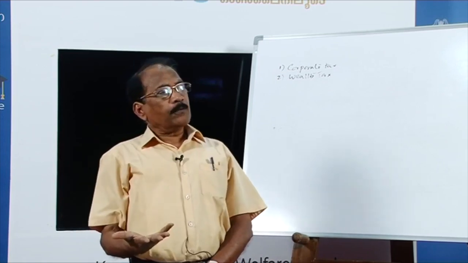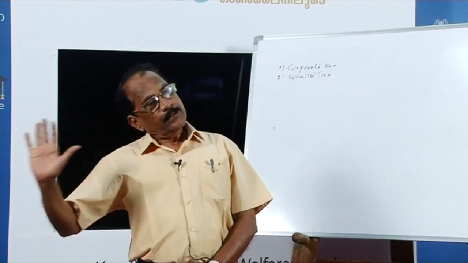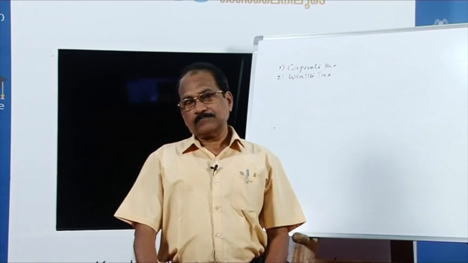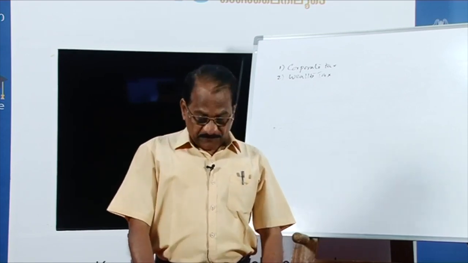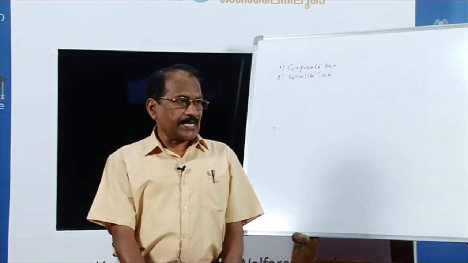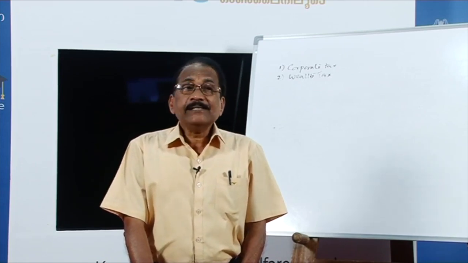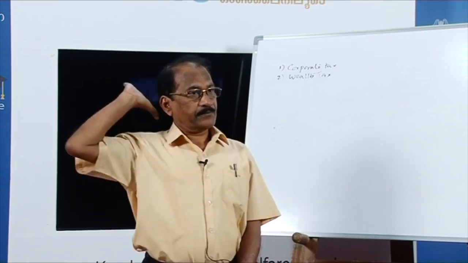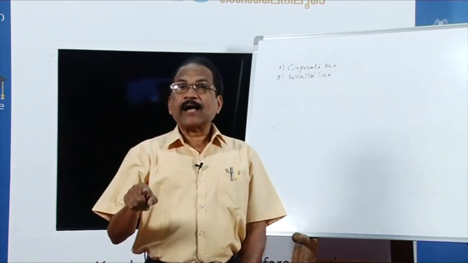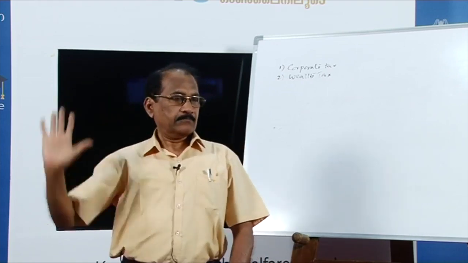If no profit is earned by the company during the financial year, no corporate tax is applicable; it is exempted from corporate tax. But in the budget of 96-97, it was declared that even if a company is making no profit, an alternative to corporate tax, MAT, minimum alternative tax, is applicable.